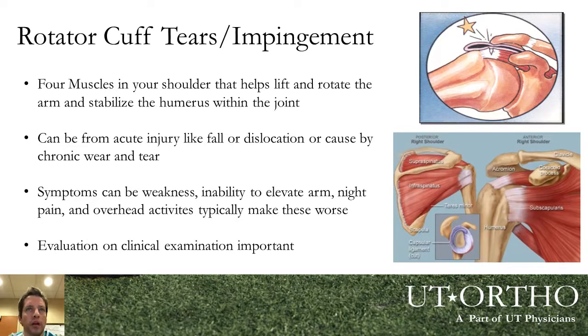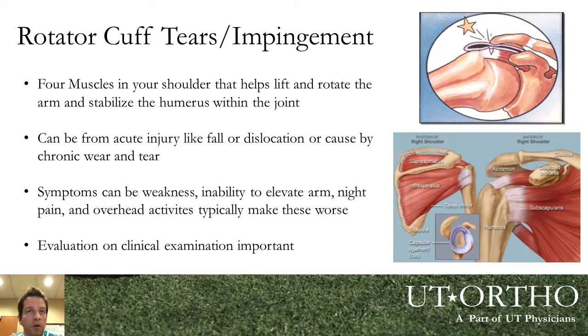Rotator cuff tears, the next slide, are injuries that don't happen acutely in kids. This can be a chronic injury or dislocation in the elderly, but it's something to monitor in not only your athletes, but also the general population. So the rotator cuff is 4 muscles in your shoulder that help lift and rotate the arm to stabilize the humerus within the joint.